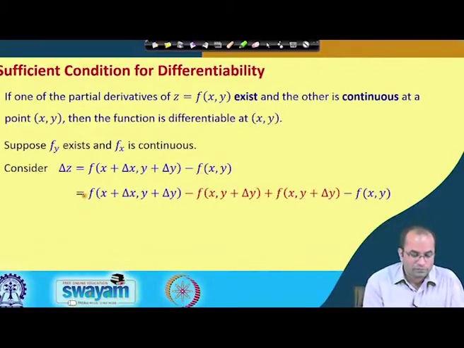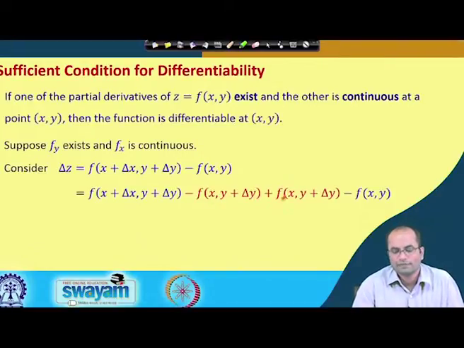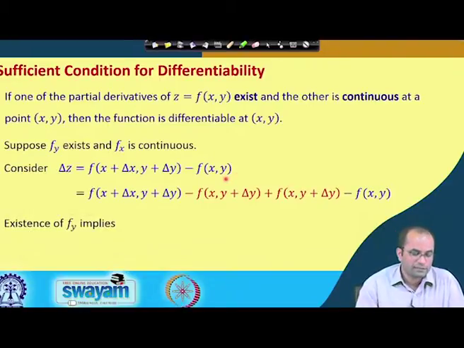Moving further, we have f(x plus delta x, y plus delta y), minus f(x, y plus delta y), and we have added the same f(x, y plus delta y) minus f(x, y), which was already there in the difference. Since we have taken the existence of f_y and continuity of f_x, we will use these two conditions to prove that the function is differentiable.